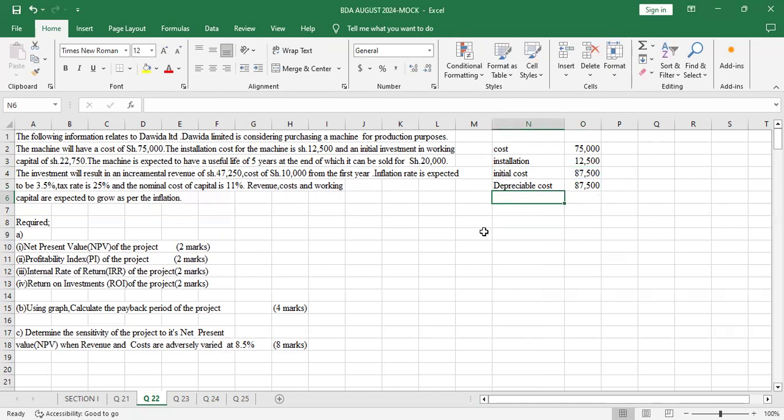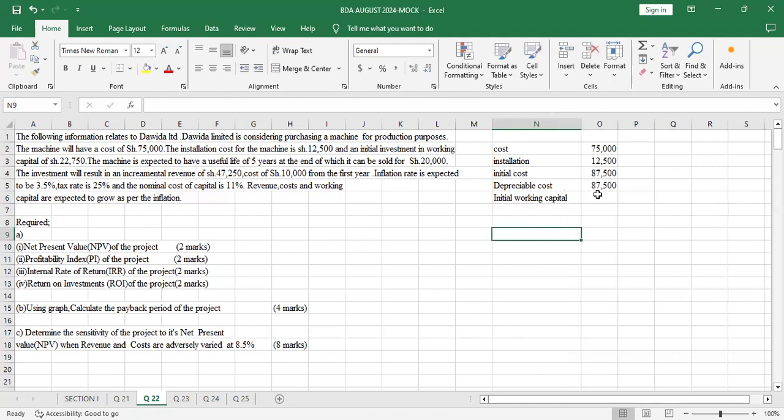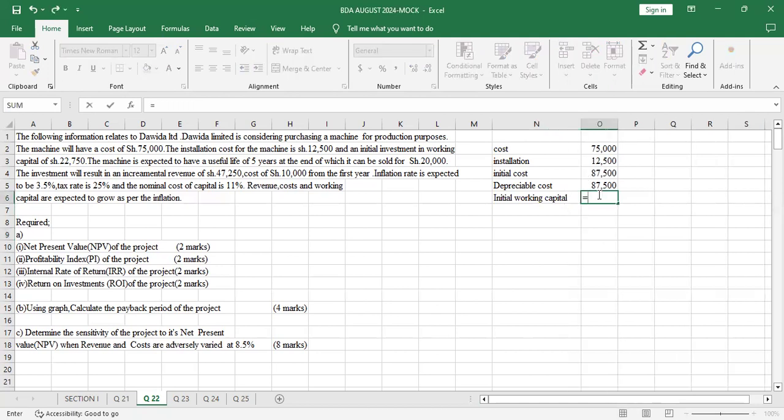So I'll go to the next item. We had initial working capital. The initial working capital will be equal to, you are given initial working capital of 22,750.